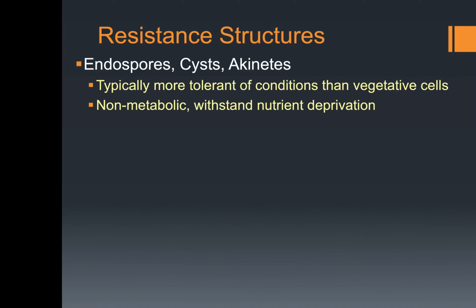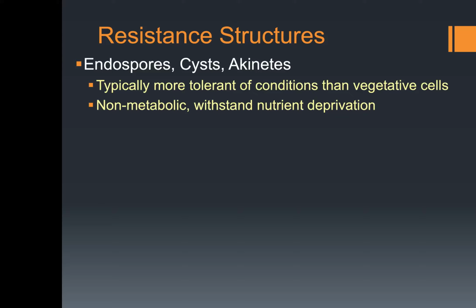All right, so what these all have in common is that they're typically more tolerant of conditions than regularly growing cells, which we refer to as vegetative cells. There are actual physical transformations, either in part of the microorganism or the entire cell changes and becomes this resistant structure.